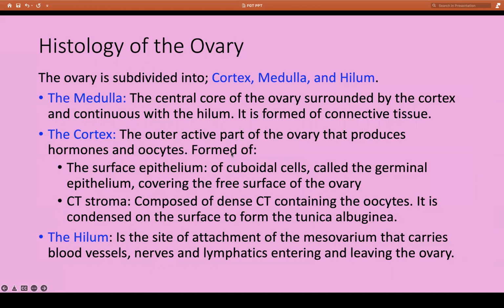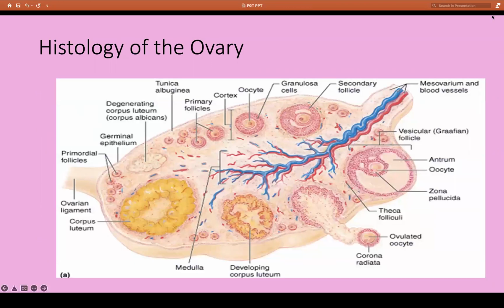Medulla is the central core of the ovary, surrounded by the cortex and continuous with the hilum. Cortex is the main part, the outer active part that produces hormones, oocytes, and primordial follicles. They develop and ovulation happens here. It has a condensed connective tissue stroma, then the hilum where the vessels and lymphatics travel.